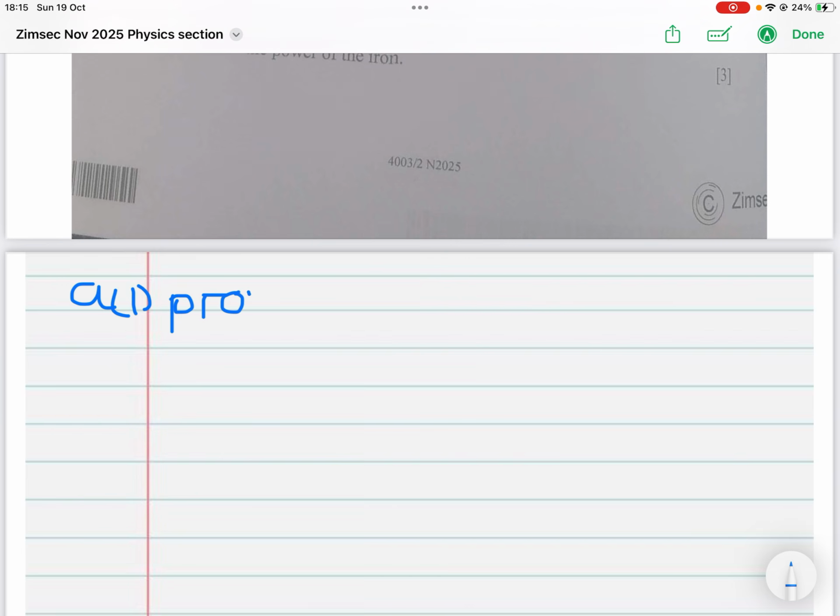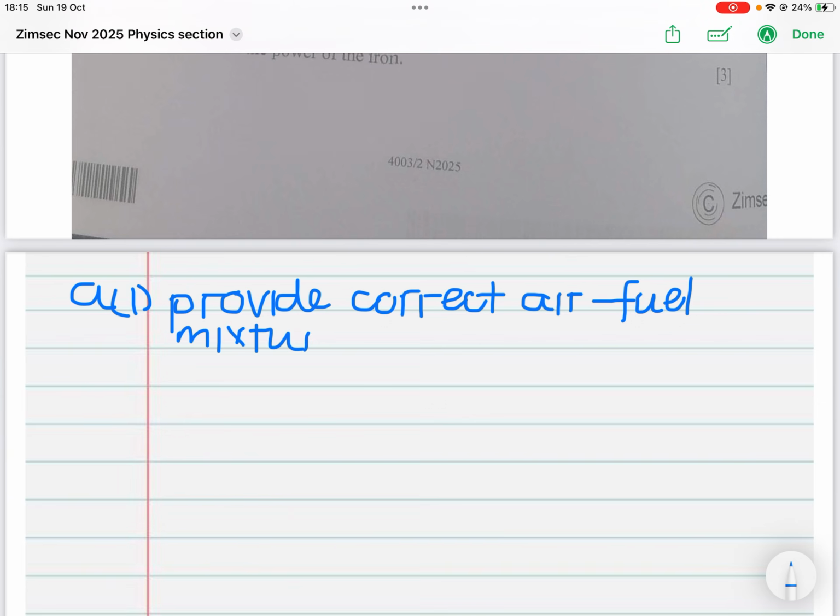is mainly to provide the correct air to fuel mixture to the engine.